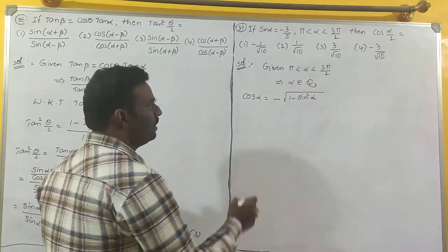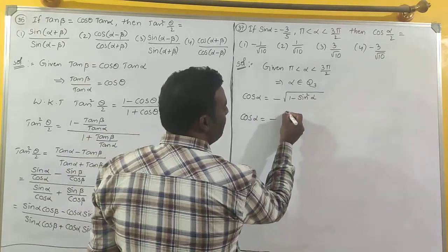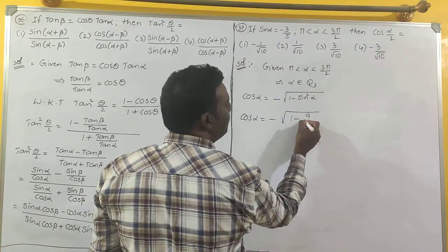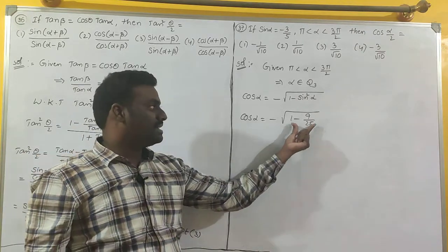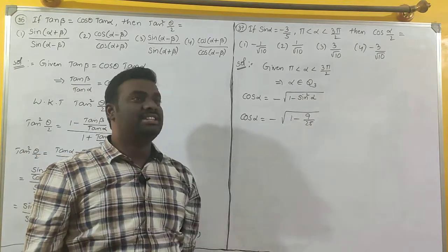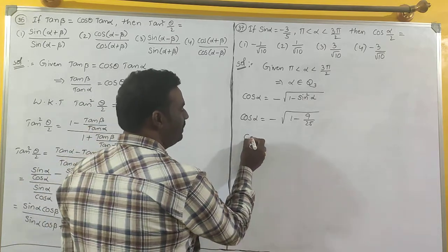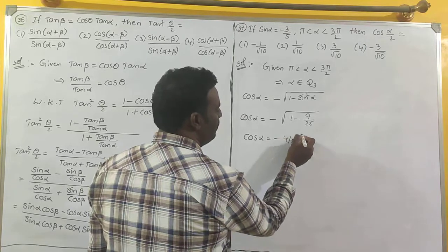That's why cos alpha is equal to minus of under root of 1 minus square of this, that is 9 by 25. If you simplify, 25 minus 9, 16 by 25 under root, that is 4 by 5. Then cos alpha is equal to minus 4 by 5.